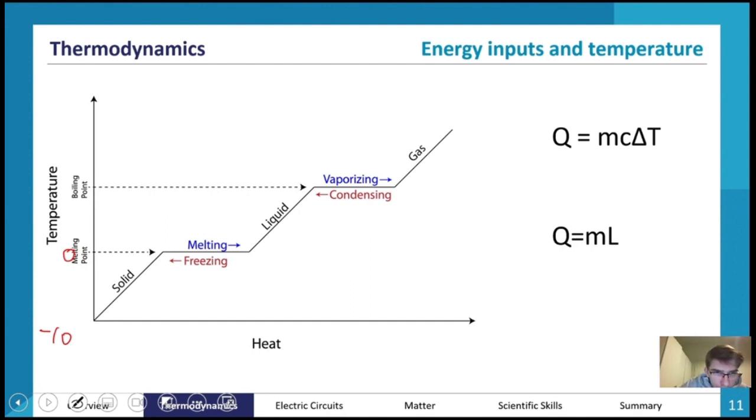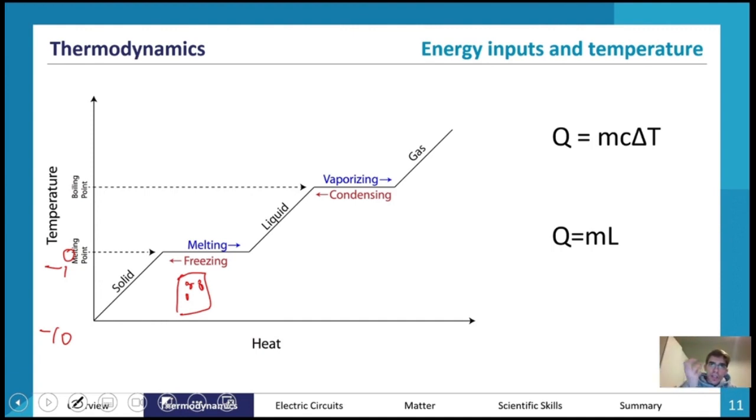It will still be in the form of an ice cube. But all that's happening is that the water molecules are starting to vibrate more and more. It's still an ice cube because ice doesn't melt until it reaches 0 degrees and above. So at any point below 0 degrees Celsius, the ice cube will maintain its shape.